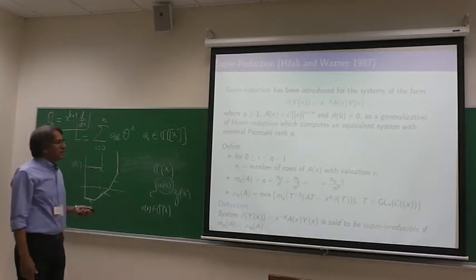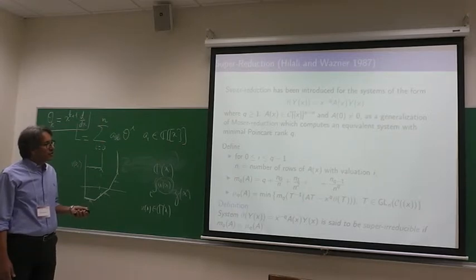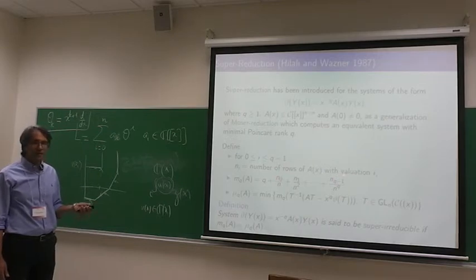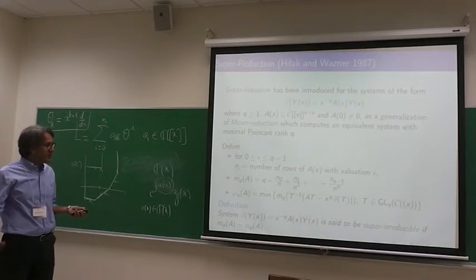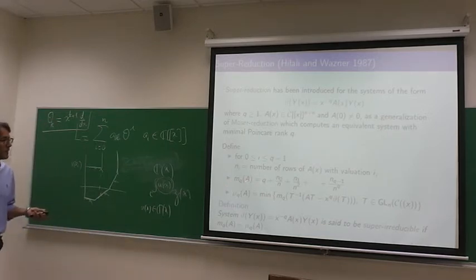Then you associate to this system the quantity m sub Q of A, which is given by Q and n sub 0, n sub 1, up to n sub Q minus 1. Okay, this generalizes the number of Moser that some of you saw yesterday in the talk by Suzy.